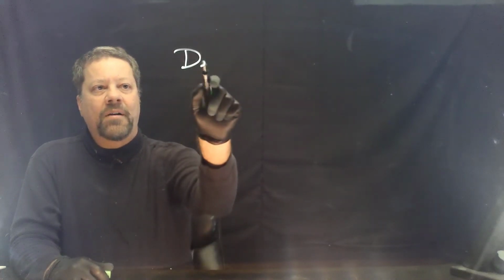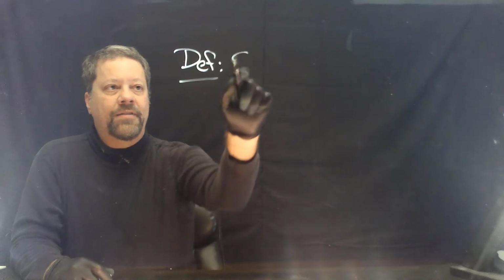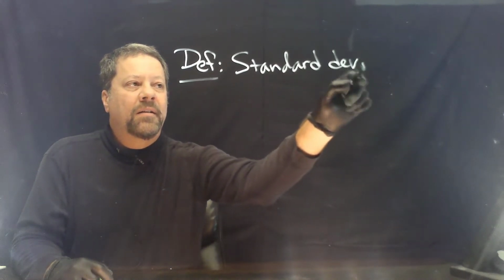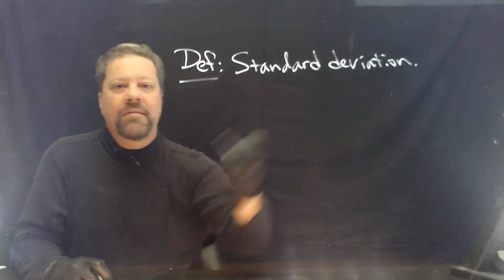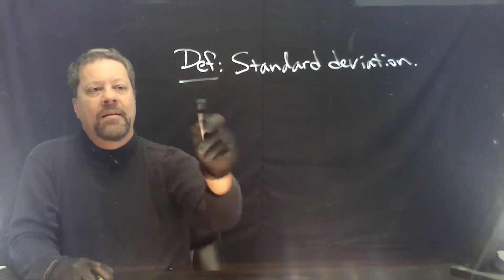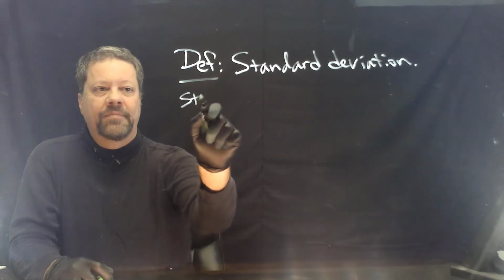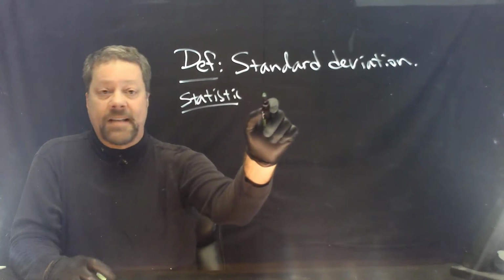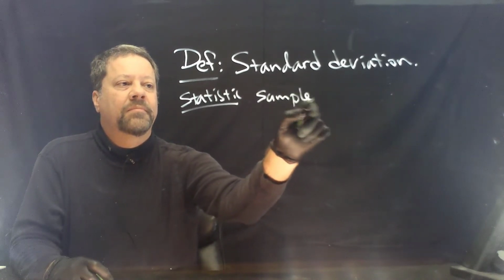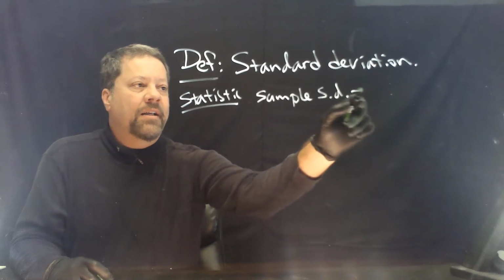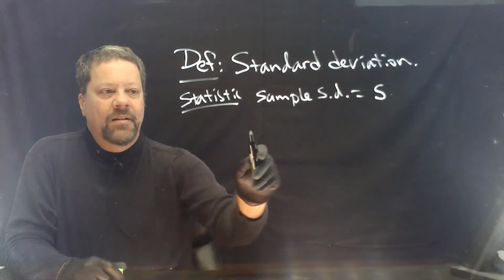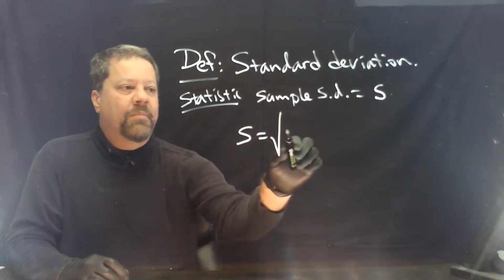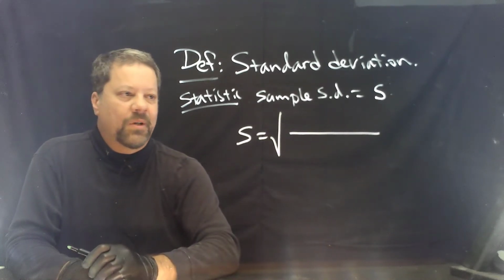Also important are the notions of standard deviation. There's a statistic and a parameter. The sample standard deviation is denoted by S. To get the sample standard deviation, there's a big square root and a big old fraction under the square root.